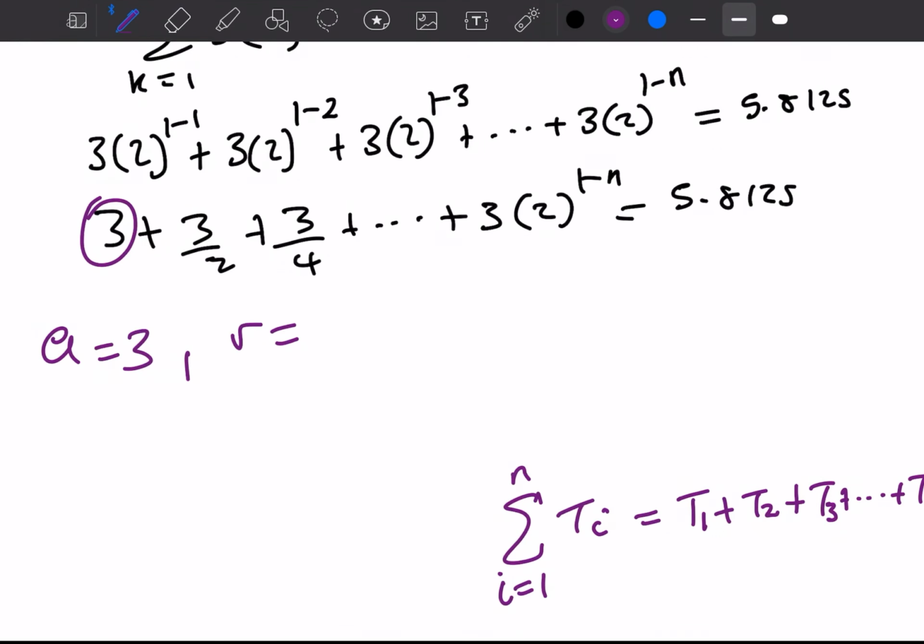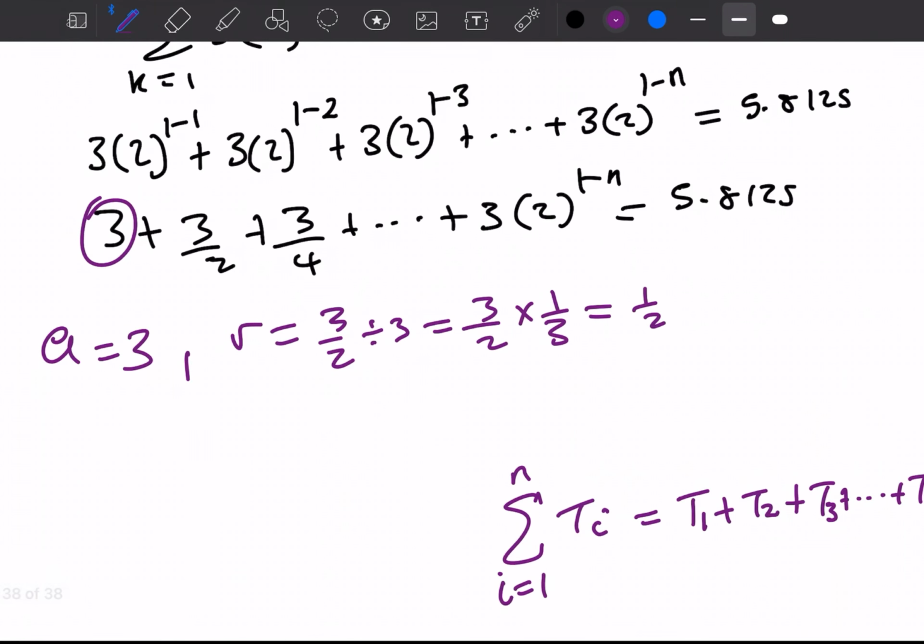We can find our common ratio, constant ratio. What is the common ratio? That's basically 3 over 2 divided by 3, which is 3 over 2 times 1 over 3. I mean, you can just punch this in your calculator, but I just love playing around with this so I do not forget my mathematics.